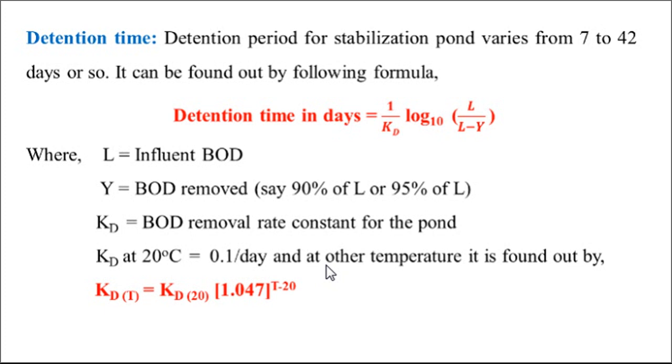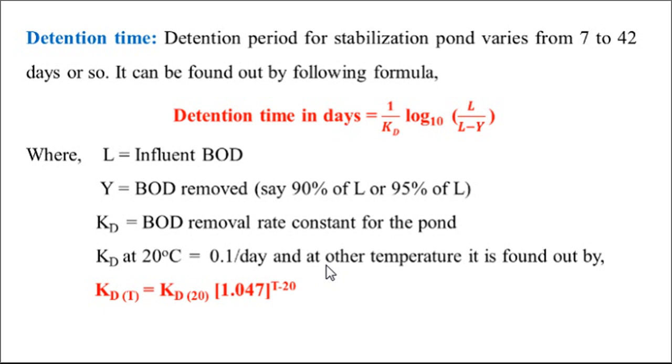Then kd is the BOD removal rate constant for the pond depending upon the temperature, and kd at 20 degree centigrade is equal to 0.1 per day. At other temperatures it is found by the equation kd at any temperature T is equal to kd at 20 degree centigrade into (1.047) raised to T minus 20.